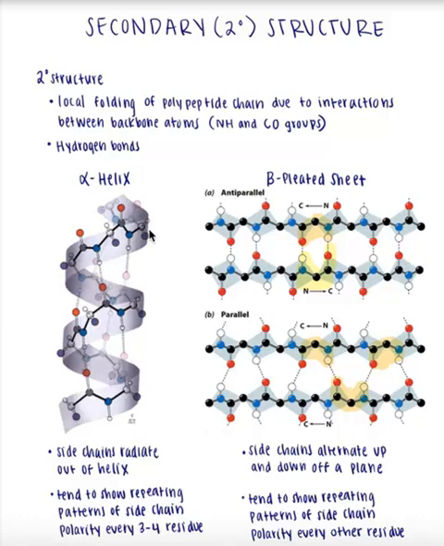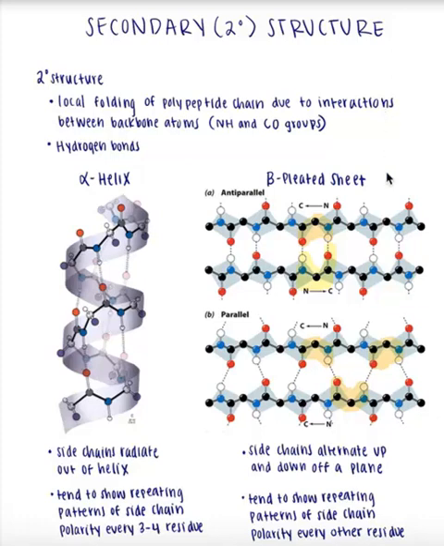Secondary structure is all about the backbone. So the backbone is what actually makes the helical shape, and then the side chains will just pop out to the left and right along the way. Also, because the angles of the loops are all the same, these are going to tend to show repeating patterns of side chain polarity, and that's going to happen about every 3 to 4 residues.